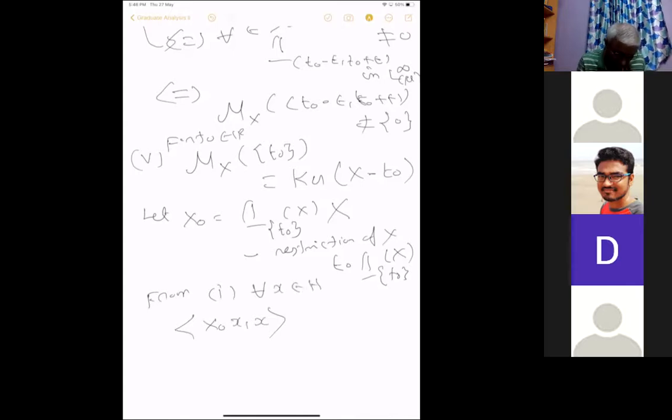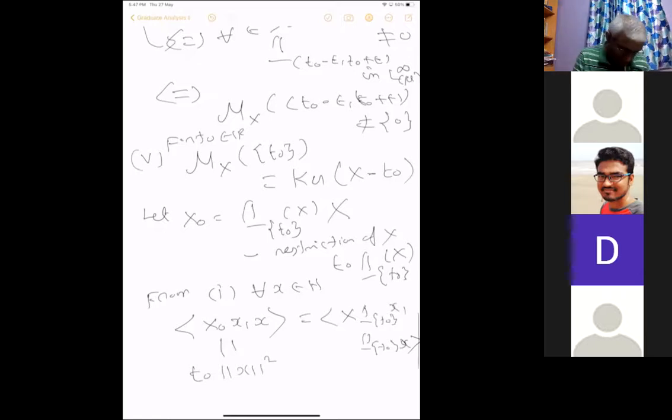I mean, for all x, once you apply this projection 1 t naught x on that, then you have a projection here also. Okay, you can write it like this, and this is equal to t naught times norm x square, right?